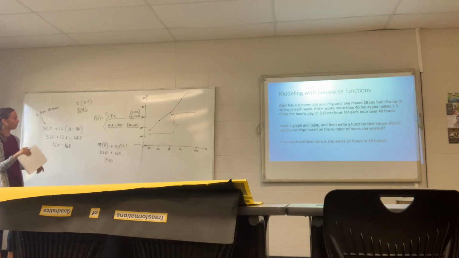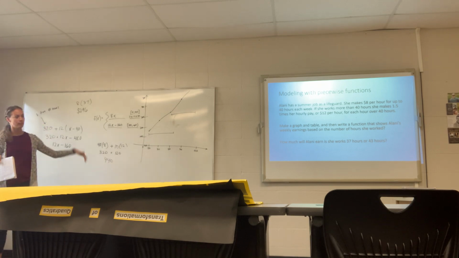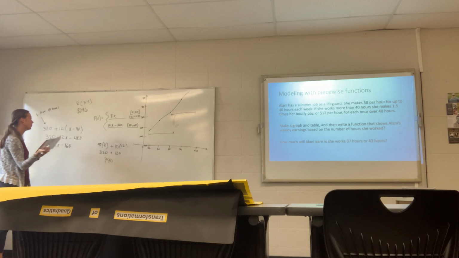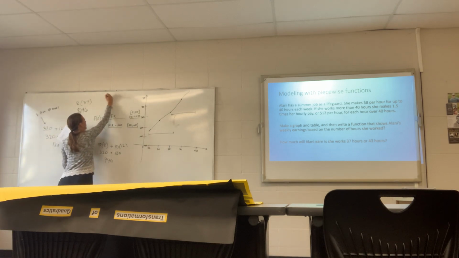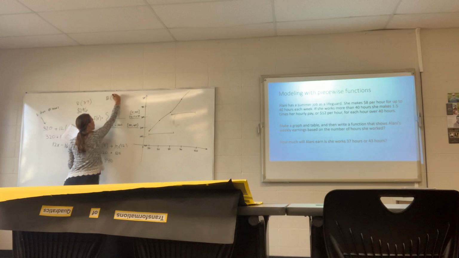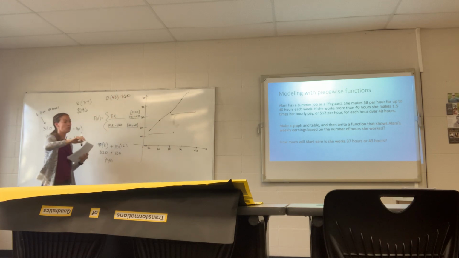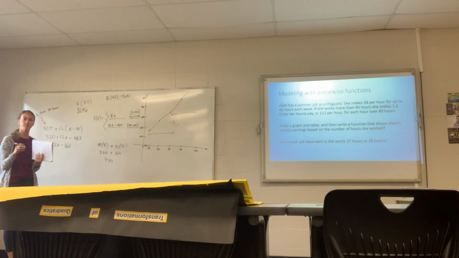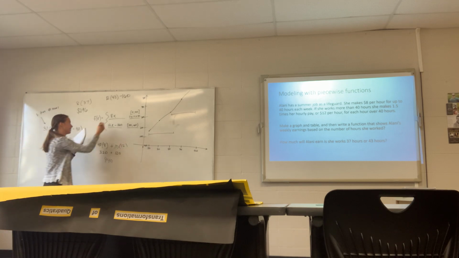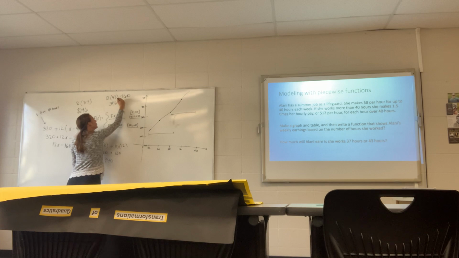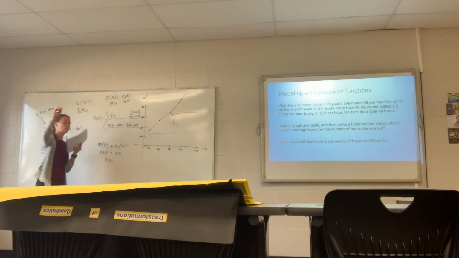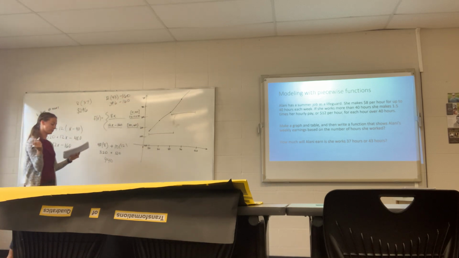Okay, for 43 hours, do you think I put that in the top or the bottom equation? Bottom, okay. So if I plug that in, I'd have 12 times 43 minus the 160. 12 times 43, what does that give me? 396. Minus the 160, what does that give me? 236?